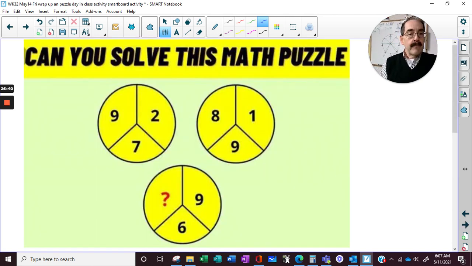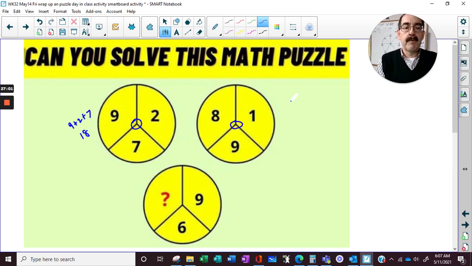All right. Again, can you solve this puzzle? Give it a try. See you in a minute. All right. Spoiler alert. The only thing that we came up with, 9 plus 2 plus 7. 9 plus 2 plus 7 is 18.